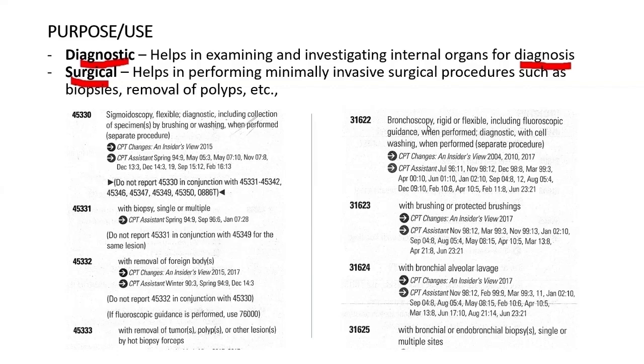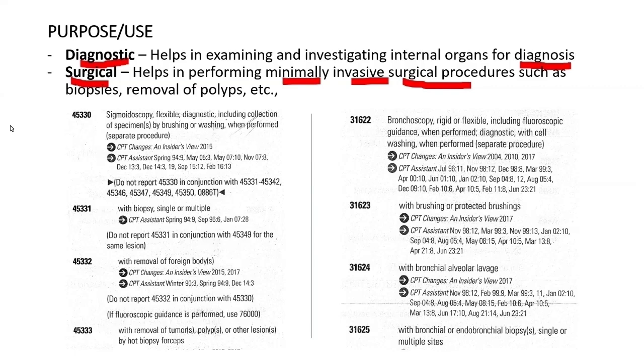And surgical means it helps in performing minimally invasive surgical procedures such as biopsies, removal of tumors, removal of polyps, removal of foreign bodies. All these can be performed using an endoscope.